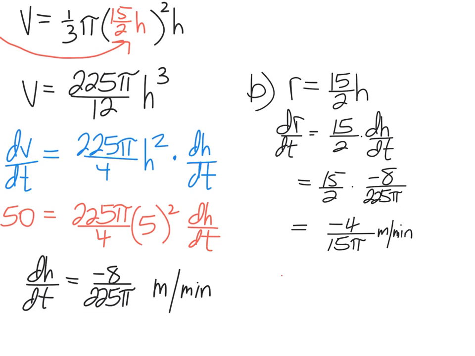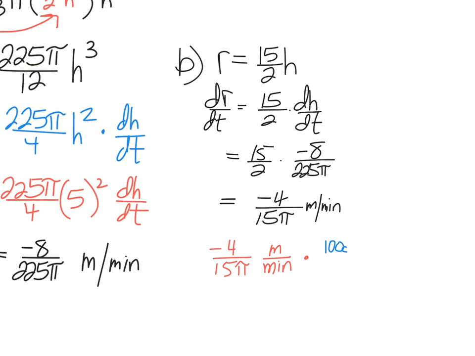So do that quick unit conversion. We have meters every minute. So we can multiply that by the number of centimeters that are in 1 meter, 100, and 1 meter.